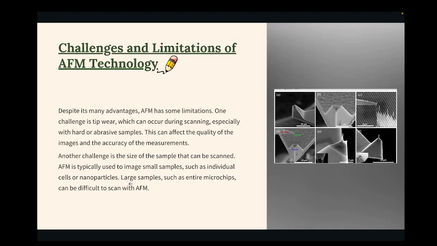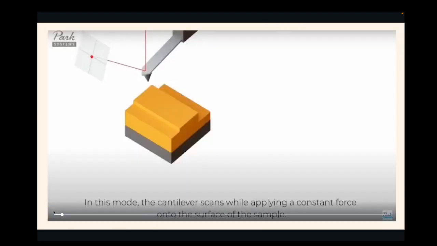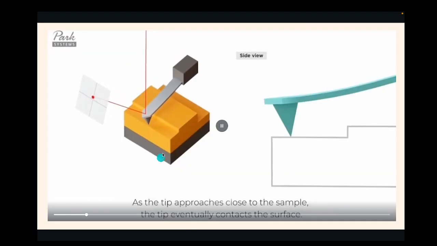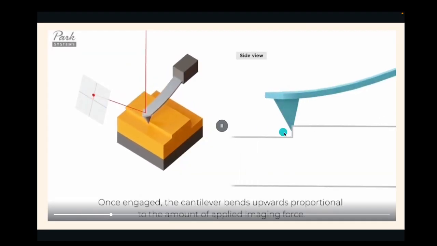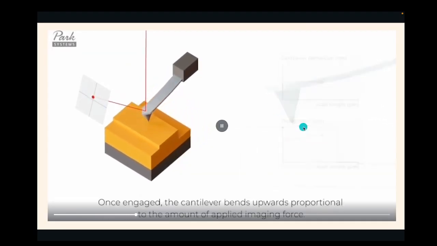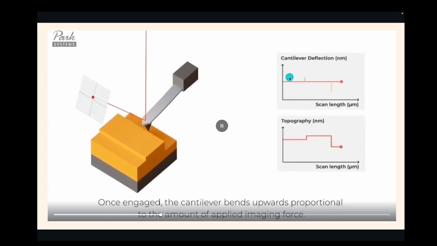In the upcoming slides, we have a video of how the atomic force microscope works in contact mode. So this is the probe. You can see it is moving continuously, in contact with the surface, and this is the graph which is generated.